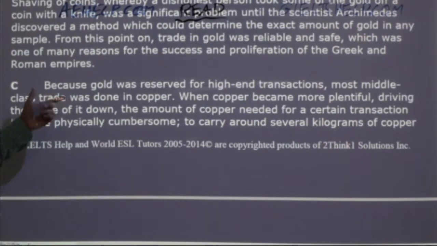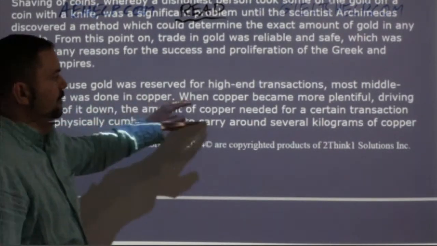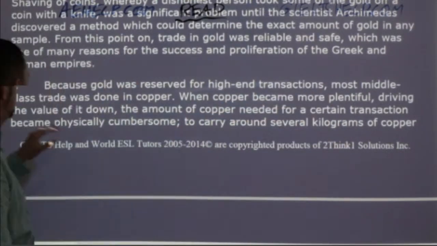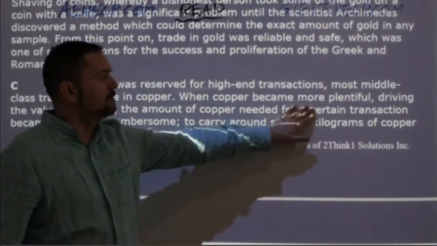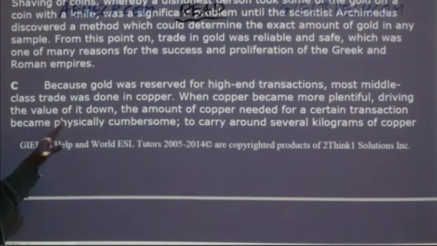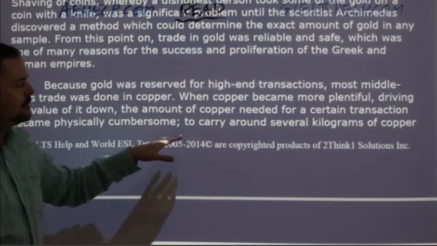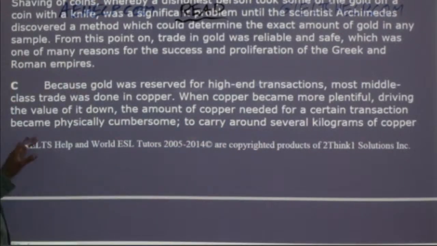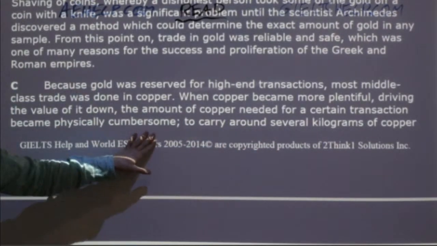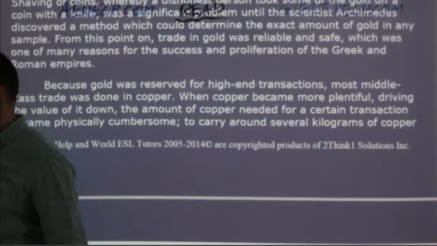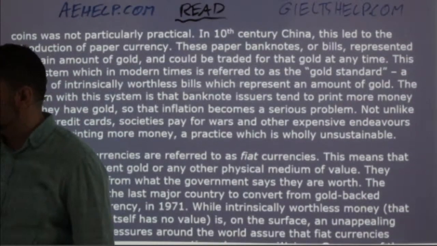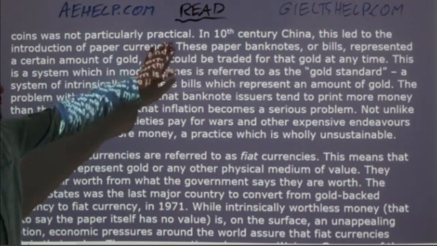C, because gold was reserved for high-end transactions, most middle-class trade was done in copper. When copper became more plentiful, driving the value of it down, the amount of copper needed for a certain transaction became physically cumbersome. To carry around several kilograms of copper coins was not particularly practical.